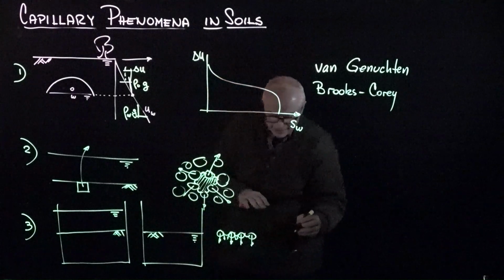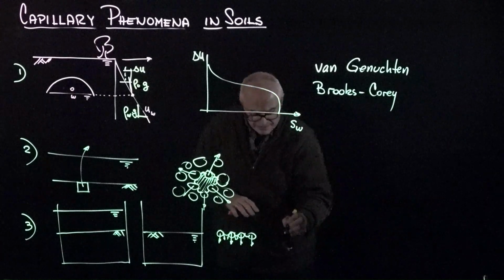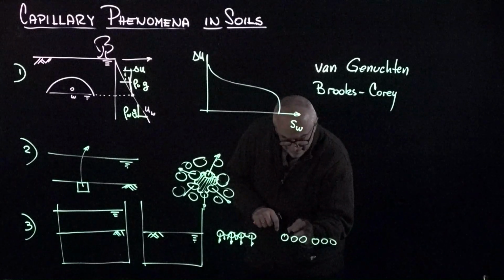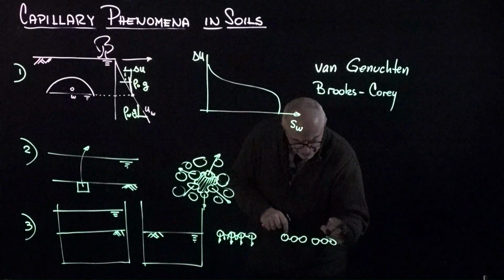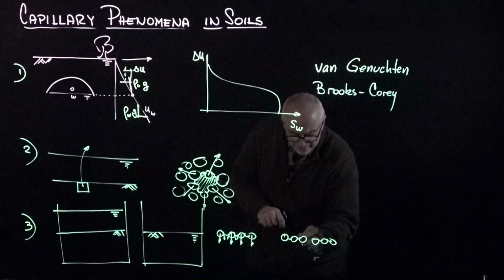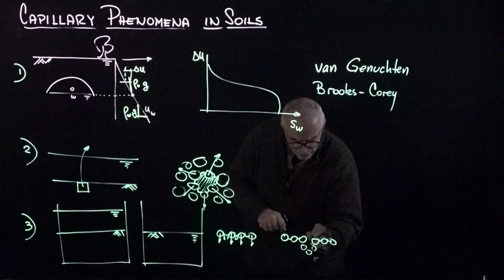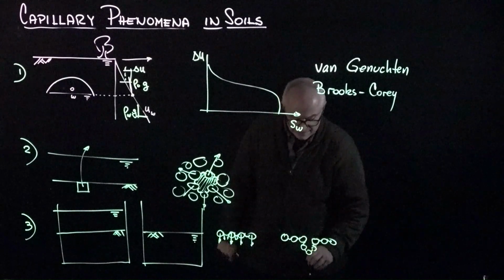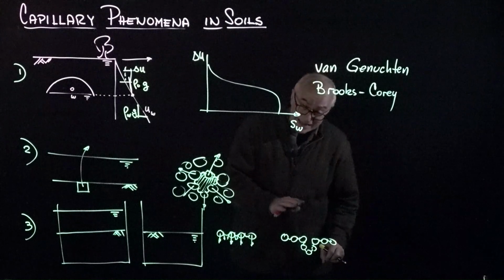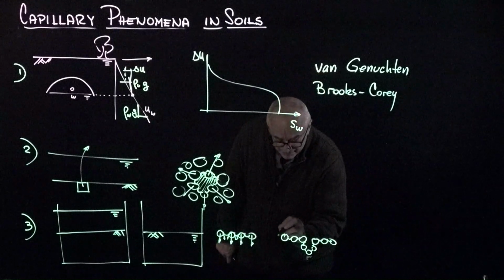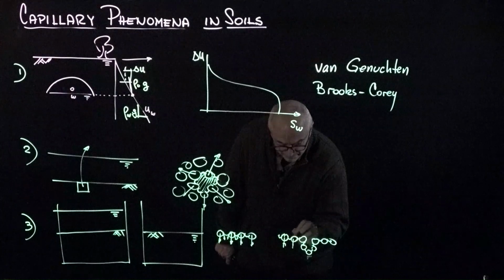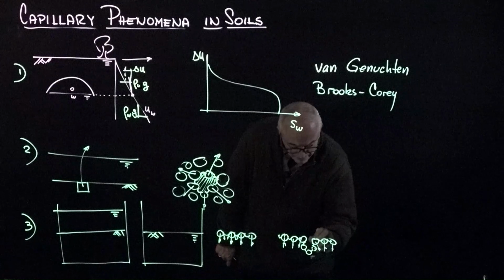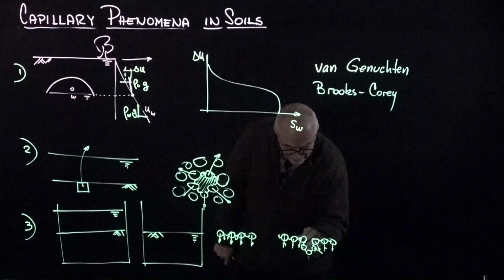So if we take it one step further in the drying process, now I'm going to get to a point where menisci are curved here, but that curvature cannot be sustained there anymore because there is a large pore, and now the meniscus invades the sediment and forms this interface. If I analyze the forces, look, this particle is being pulled down, this one is being pulled down, this one is down, this one is sideways, and of course this one is sideways.